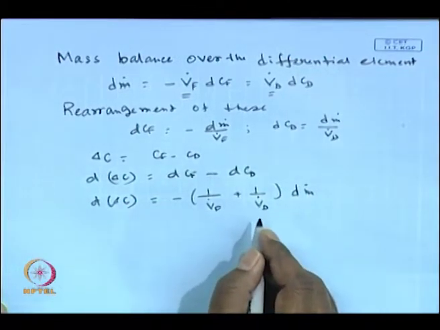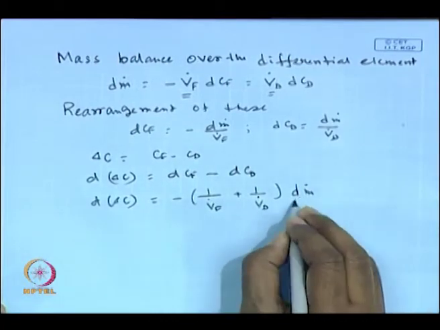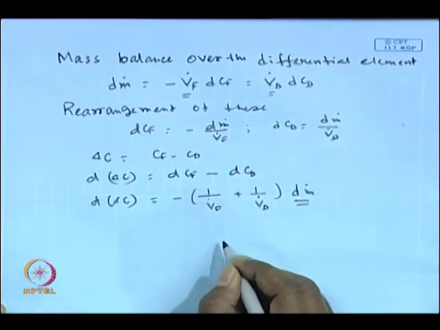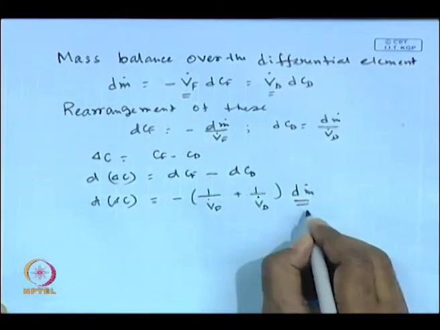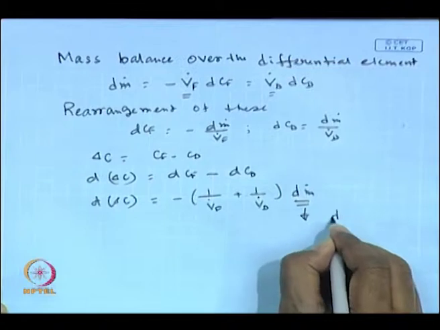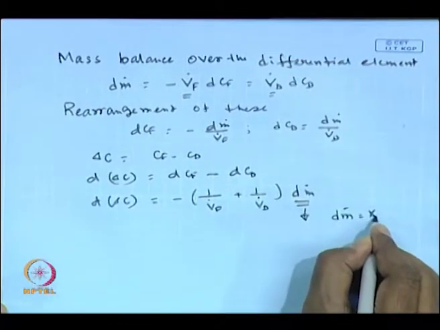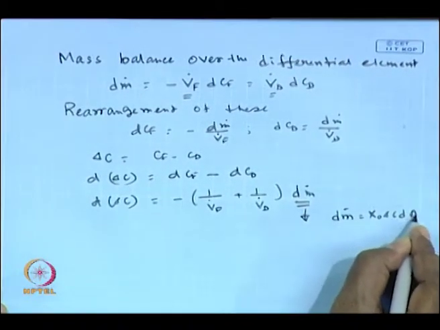Now, we have already seen the expression of dm dot from our previous analysis in terms of mass transfer coefficient, and what is that? If you remember, we wrote this equation earlier, that dm dot is nothing but k0 delta C times dA.